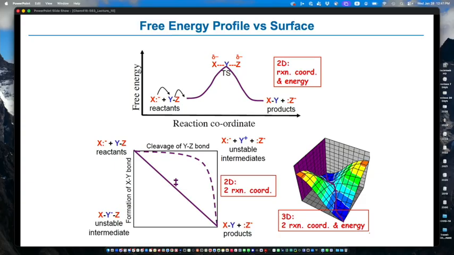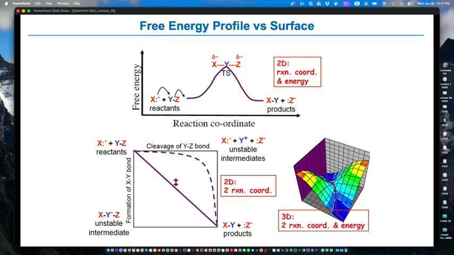I take my middle, which is my Y, and I have some starting material where I have my YZ bond, and a distance associated with that. And then I've got my next one, my X, and that bond distance. We'll call this bond distance A, and this bond distance B.